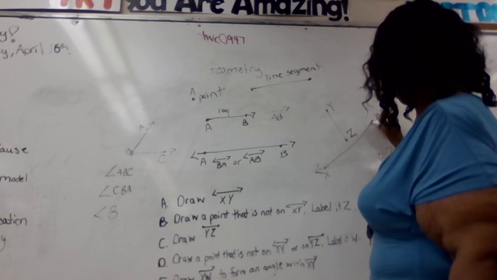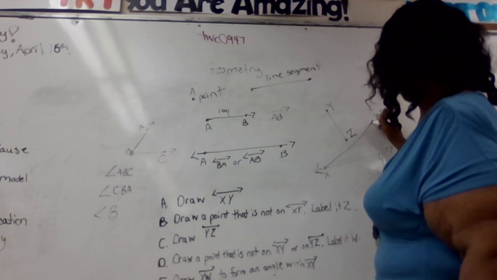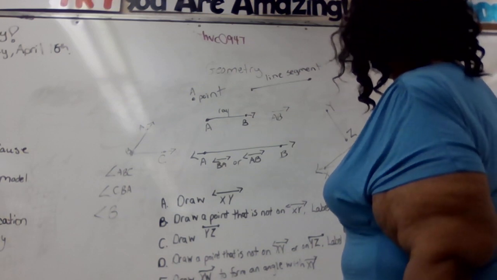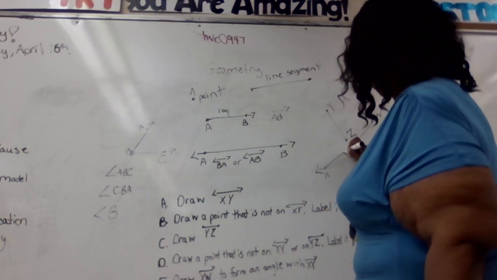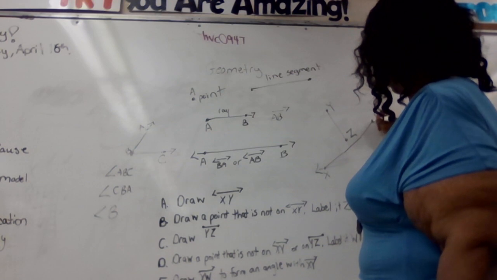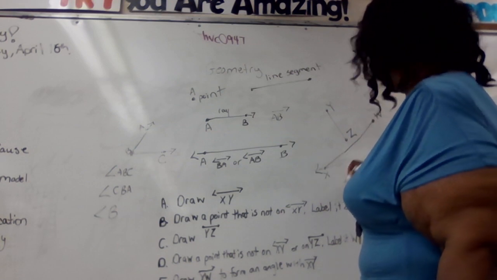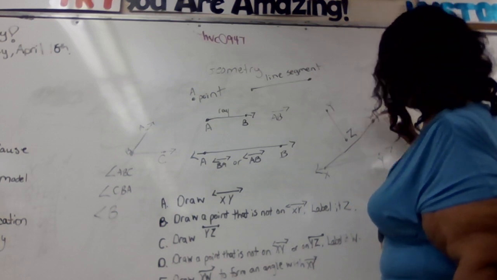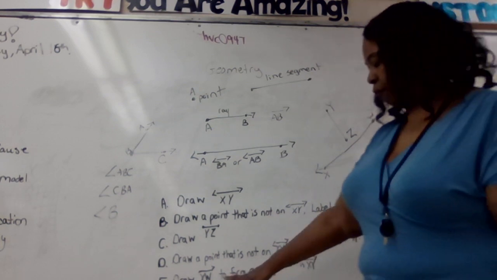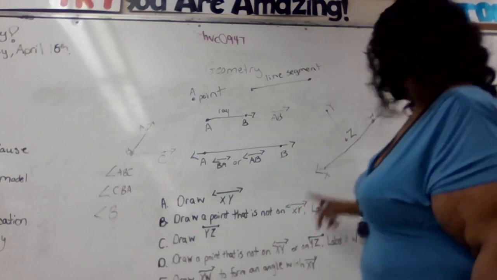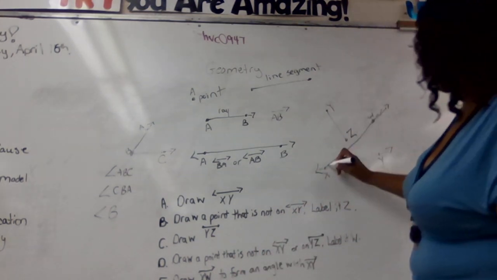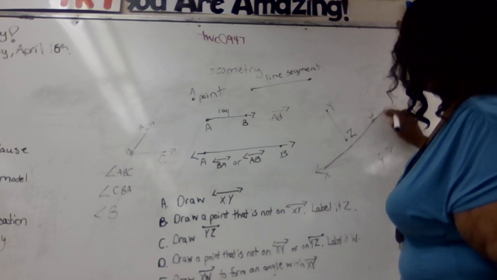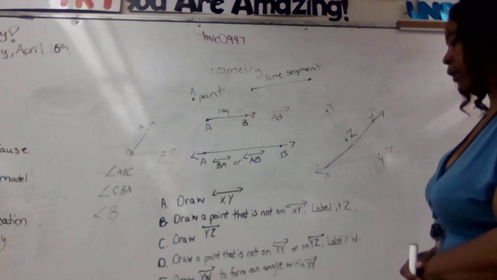Connect my X to my Y. That's a ray. I have an endpoint, and then I have my arrow. So I know my arrow is going to come through this way because remember the first letter, that's where the endpoint is. So my endpoint is on this X, and that is my arrow on this end for my W.